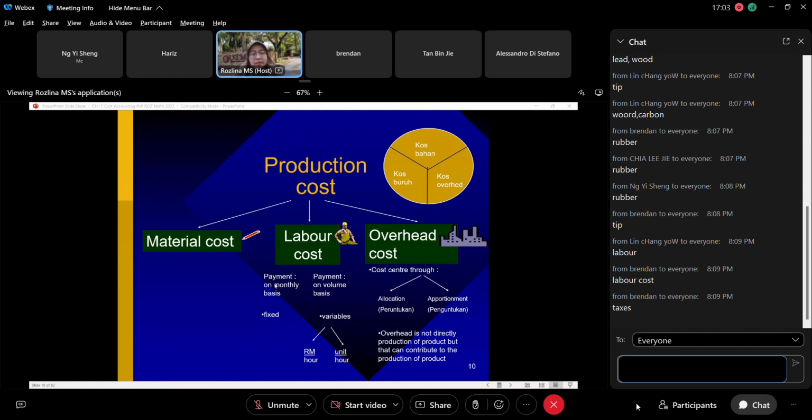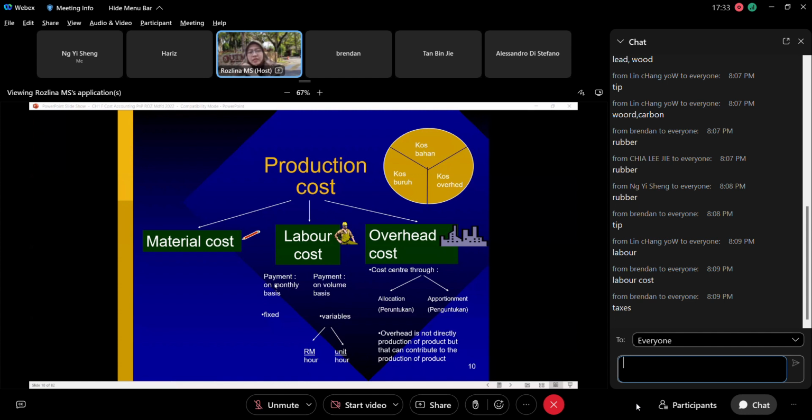Monthly payment is like, okay, who will receive only a monthly payment. Let's say you produce 1,000 units, or you produce 100,000 or 1 million products, the monthly payment is still the same.